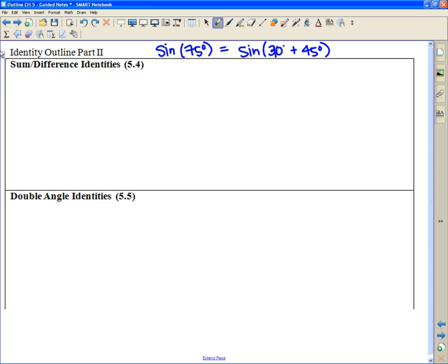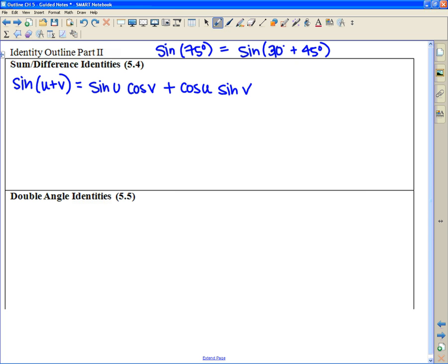So for your questions regarding all of these identities, the sine of u plus v, meaning we're going to add two angles together to make 75, is sine of u cosine of v plus cosine of u times the sine of v.